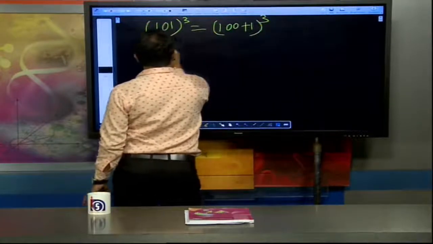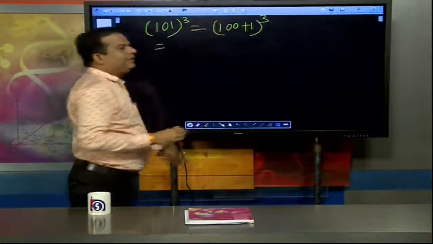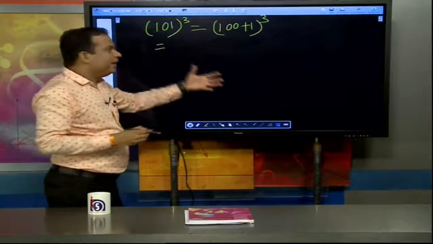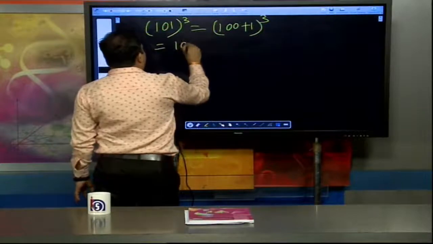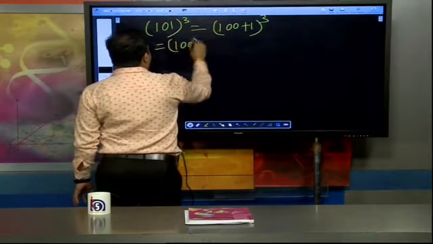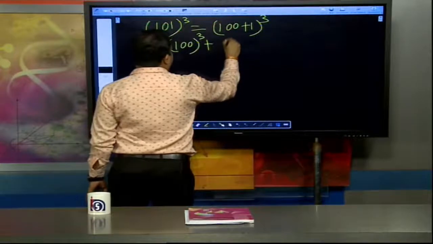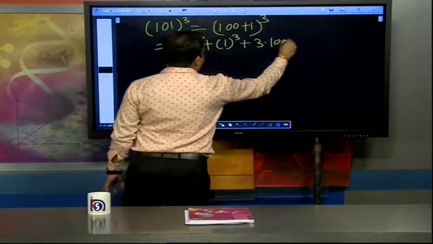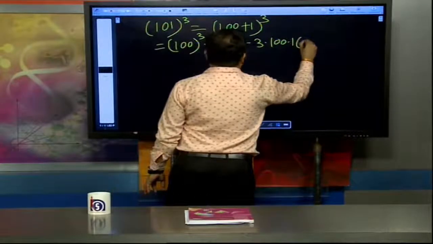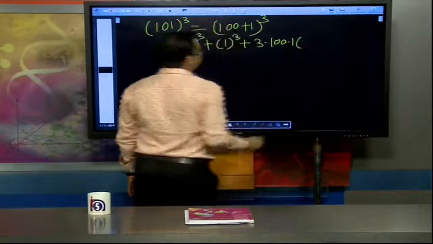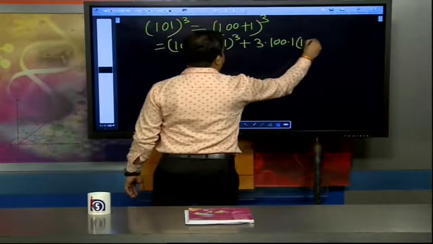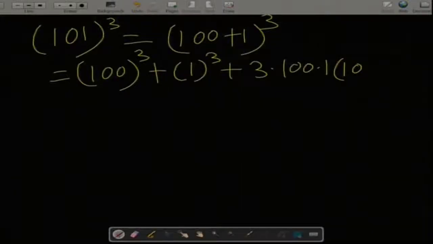So simply I can use the formula (a plus b) whole cube, that means a cube, 100 cube, plus b cube, plus 3ab into (a plus b), where a plus b is 101.